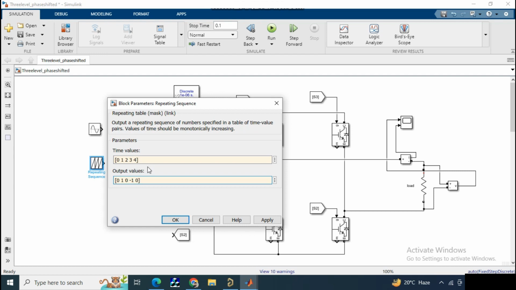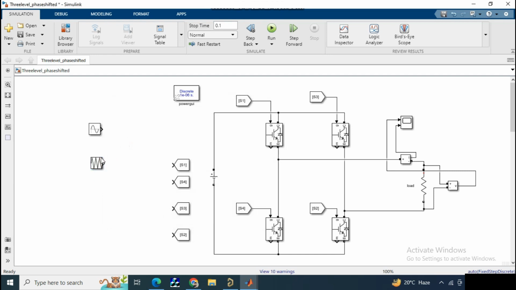Now we are giving the switching frequency as 100 Hz. So you can see the overall time here is 0 to 4. So the total time, that is 4 divided by 400, that means 1 by 100. That means the frequency is 100 Hz, because we know that time is inversely proportional to the frequency. Now just run the simulation and check the waveforms of the carrier and reference signal.